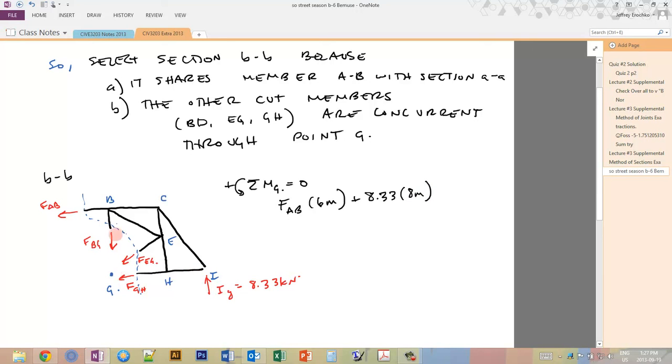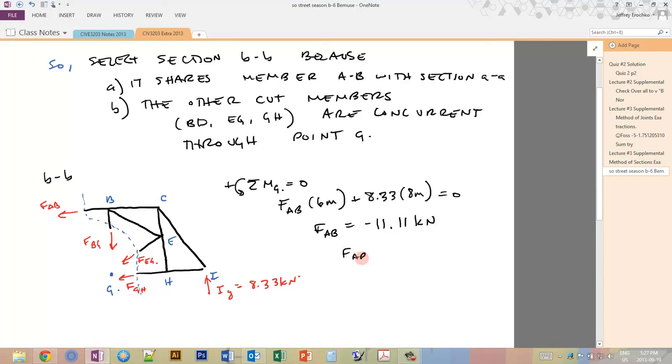Remember the moments are always the force times the perpendicular distance between the point and the load. So in this case, the perpendicular distance is in this direction, and in this case, the perpendicular distance is in this direction, equals 0. If we solve this for FAB, then we get negative 11.11 kilonewtons.